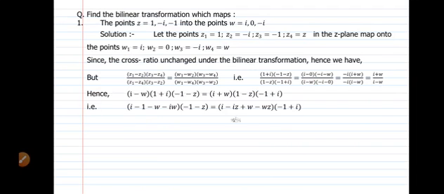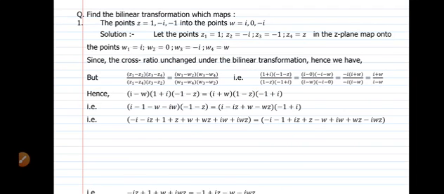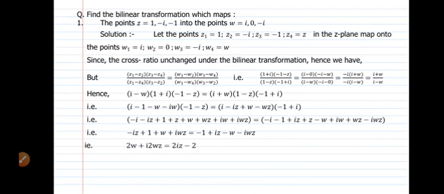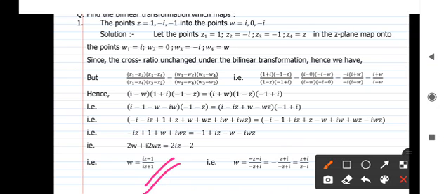Simplification gives us w equal to (iz minus 1) upon (iz plus 1). So this is w, the transformation under which these points are mapped onto these points in the w plane.